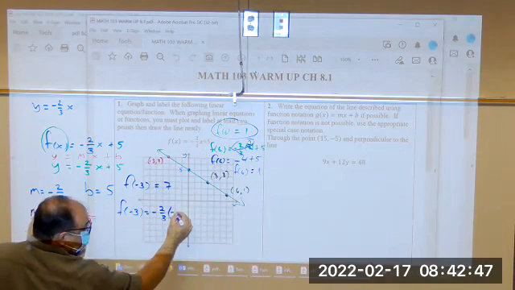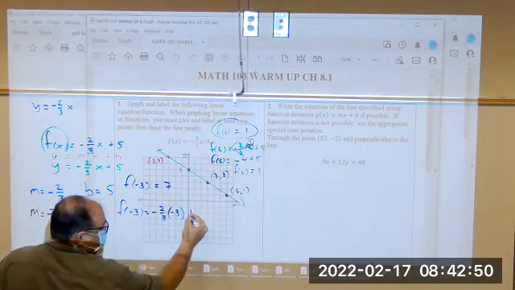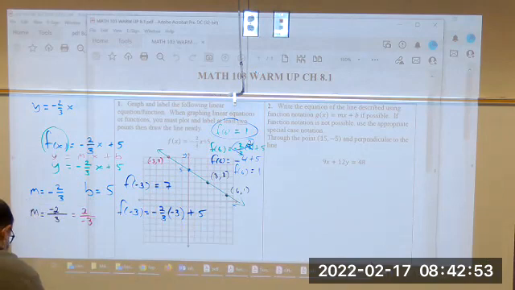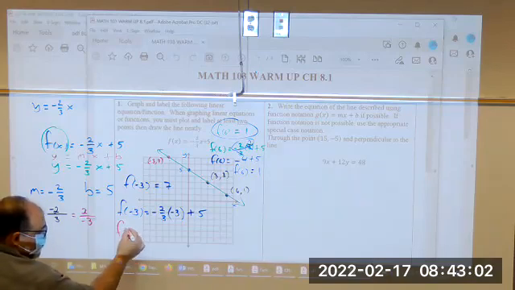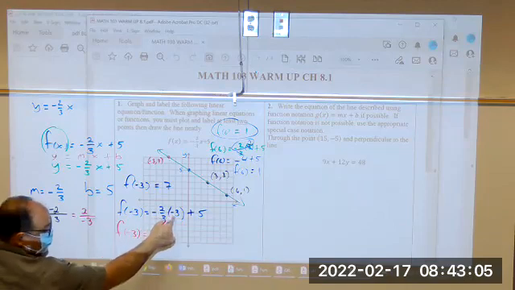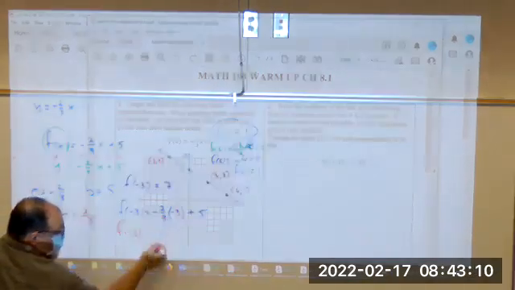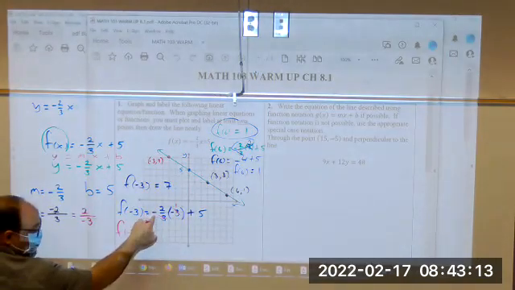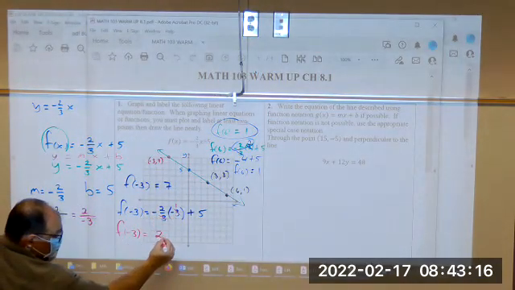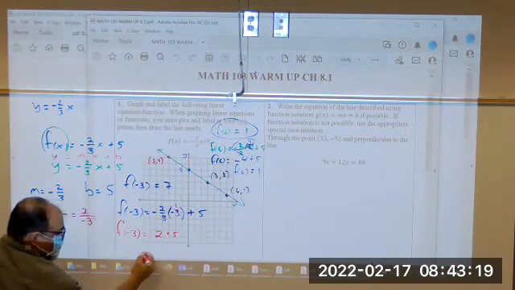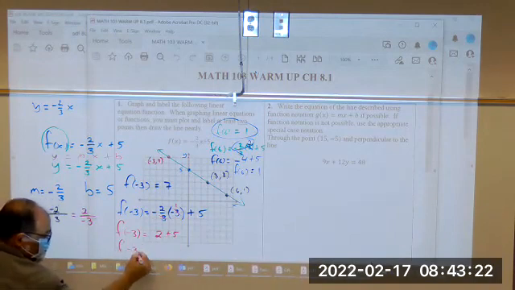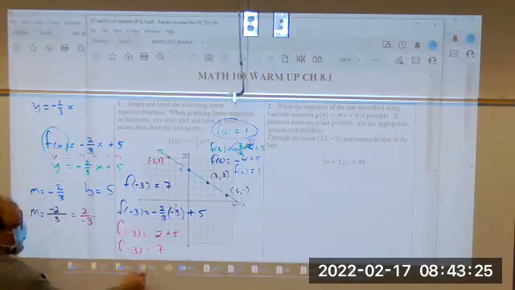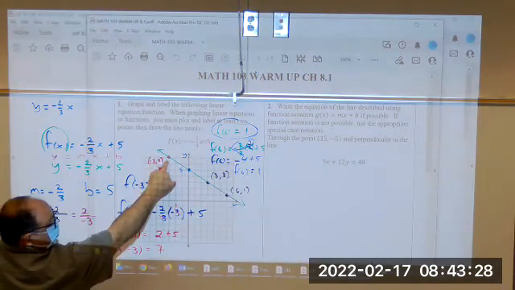So times negative 3, and then a plus 5. So f of negative 3 is equal to a negative times a negative is going to be a positive. This 3 goes into that 3 1 time. So you basically are left with negative 2 times negative 1 is positive 2, and then plus that 5. So f of negative 3 is equal to positive 7. When I plug negative 3 in for x, the y value is a 7.